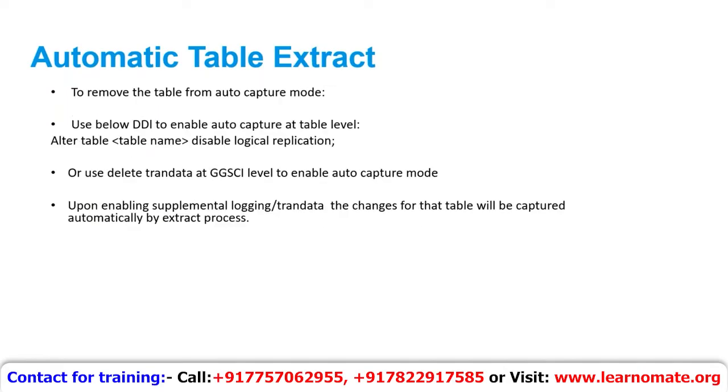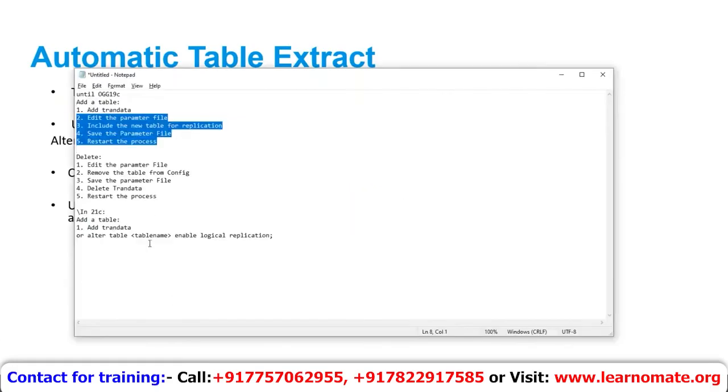To remove the table from auto capture mode, you have to use ALTER TABLE with the corresponding disable option. So in 21c, to add a table, you have to do this.